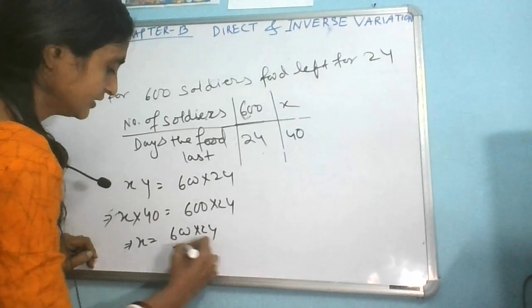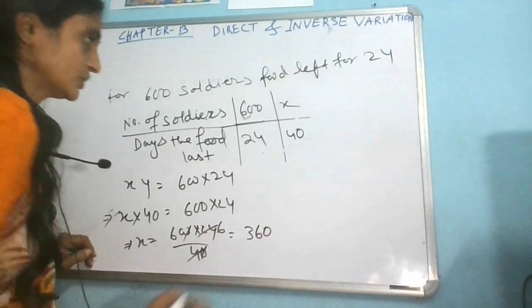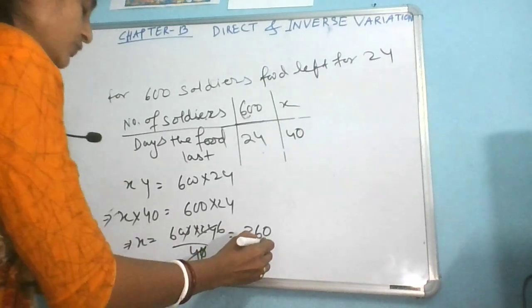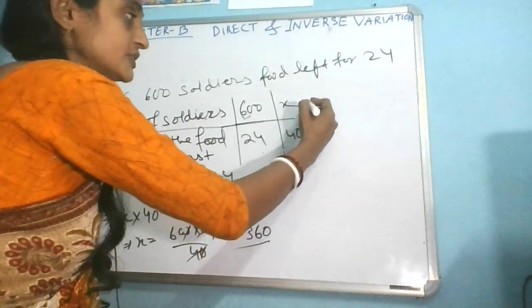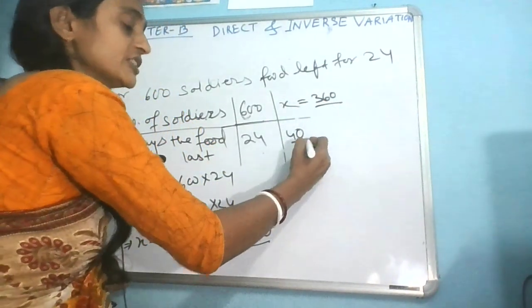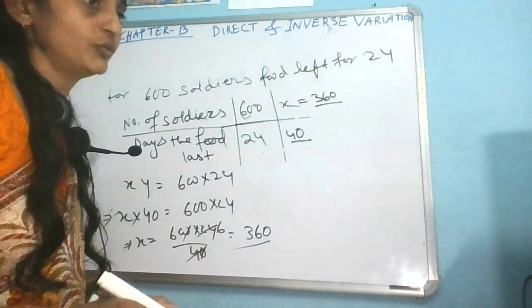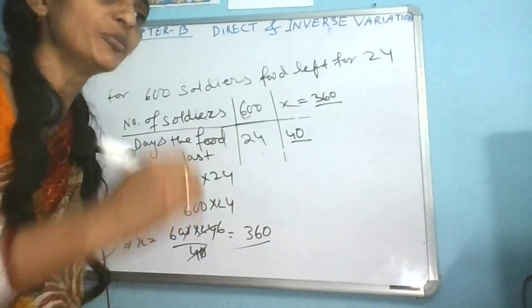Let's cancel: the zero cancels, then it is 6. So it is 360 soldiers who can take this much food. That means if there are 360 soldiers, they can take this food for 40 days. That means the amount of food remaining in the fort can last for 360 soldiers for another 40 days. So how many soldiers left?